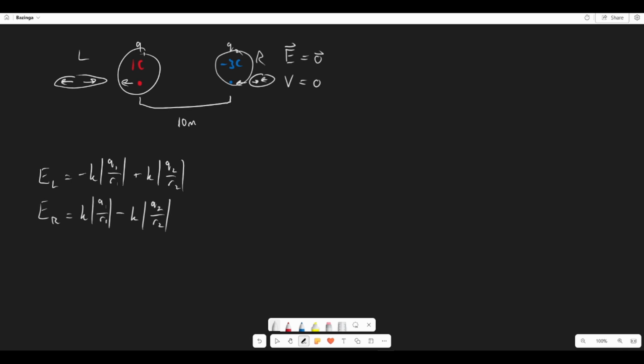So in order to go about solving this, we need to make one coordinate of position that both R1 and R2 can reduce to. So I'm going to call this point 0 and this point 10. Now if I say for the left region that this distance is R, I can rewrite the formulas in this form.